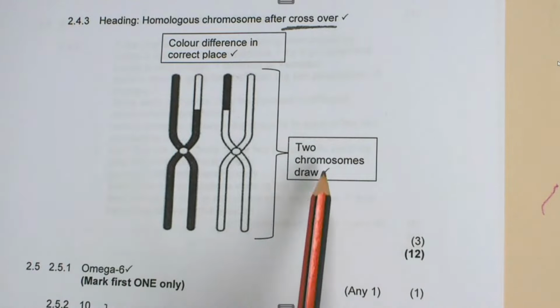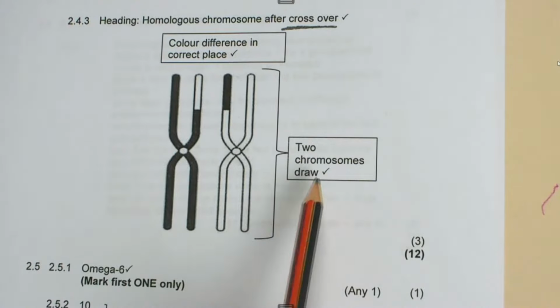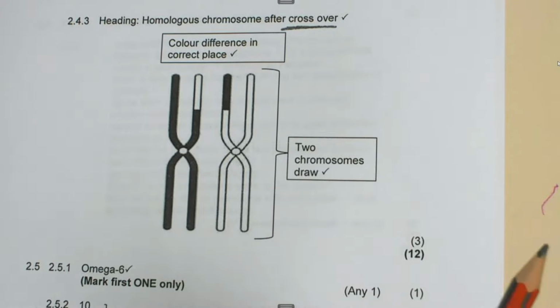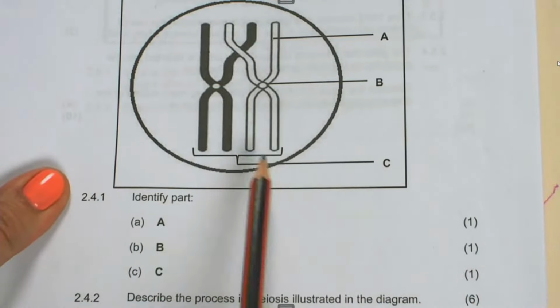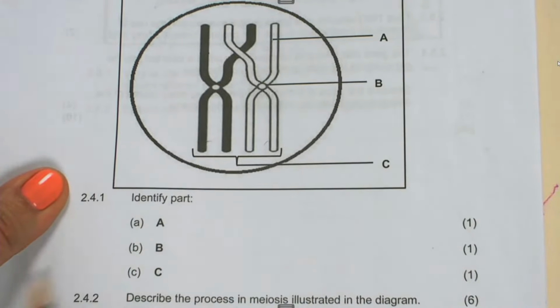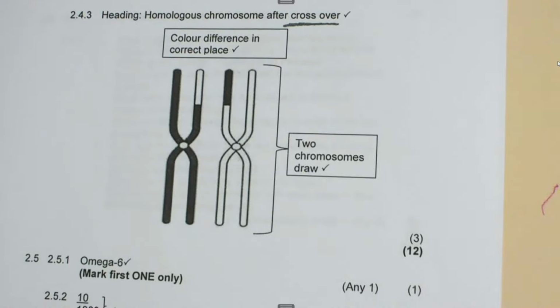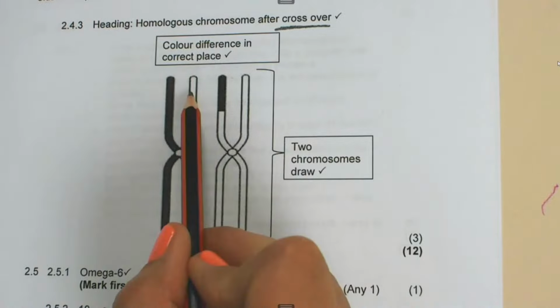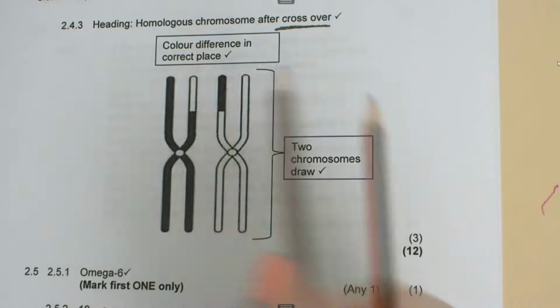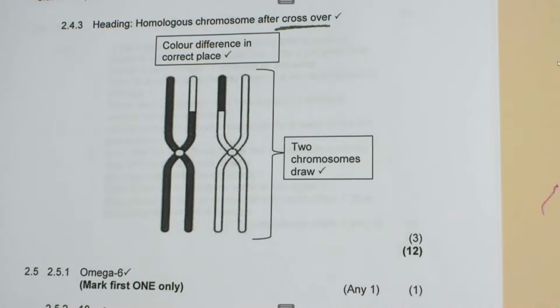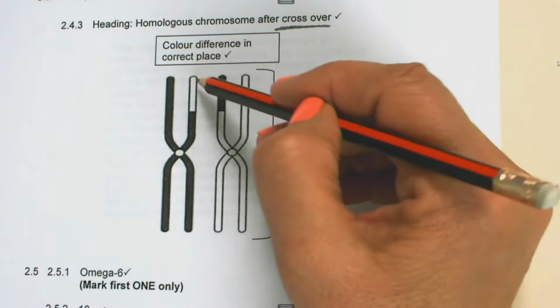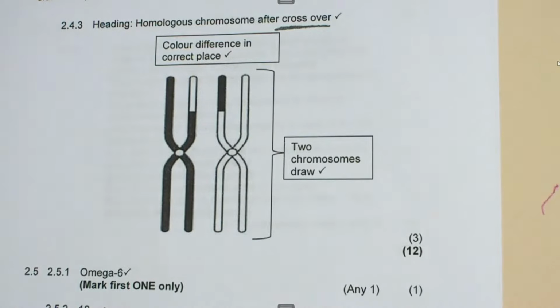And then if they draw two chromosomes, because they ask, draw a diagram of part C, and part C is both chromosomes. Can you see that? It's both chromosomes. And then that is where the mark is allocated, and there the exchange takes place. Nowhere else. And the tip change. This color of this one is at that tip, and this one on that side must be the same.